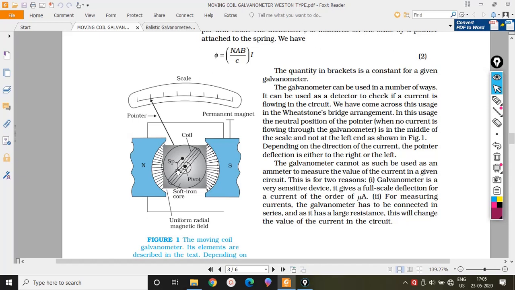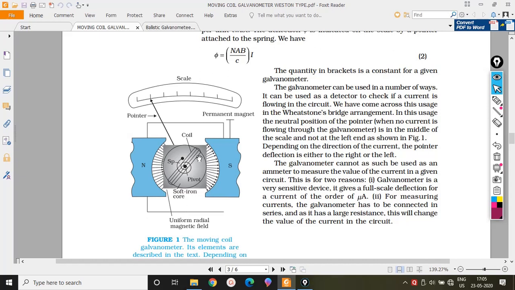Now coming back to that hairspring, why is this hairspring connected? This hairspring is connected to this coil so that it can give you a counter torque.